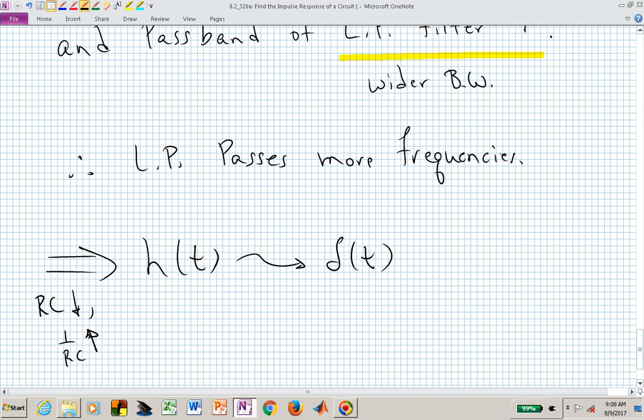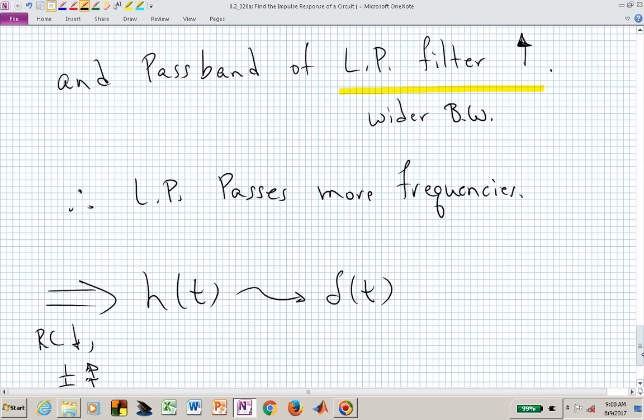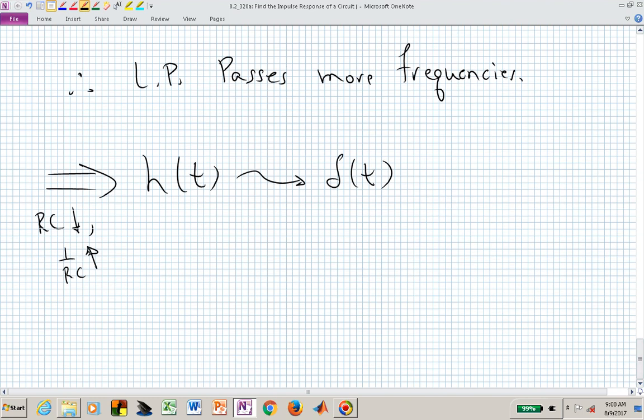And that now says that if our low-pass filter has a very, very wide bandwidth, we're going to be passing all sorts of frequencies, then our output waveform is going to look very much like our input waveform. There won't be much filtering of the input to get to the output.